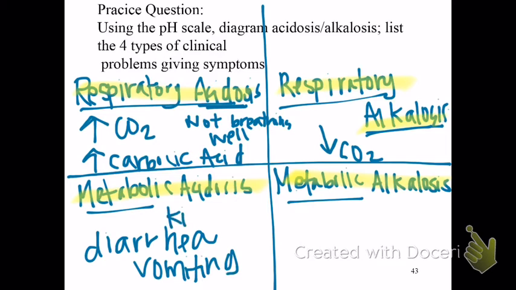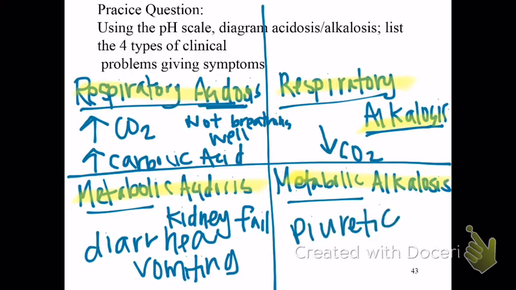And kidney fail here. Okay, with metabolic alkalosis, think about diuretic. So vomiting and decrease in gastric acid.